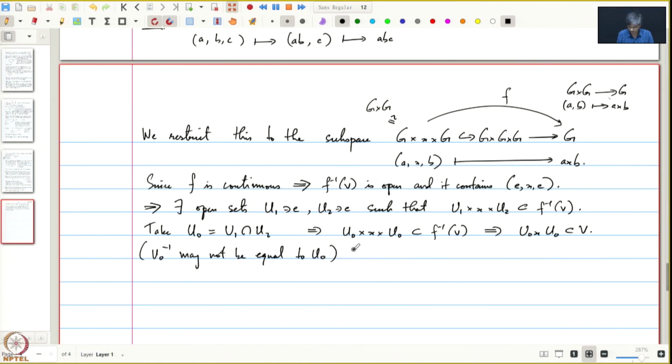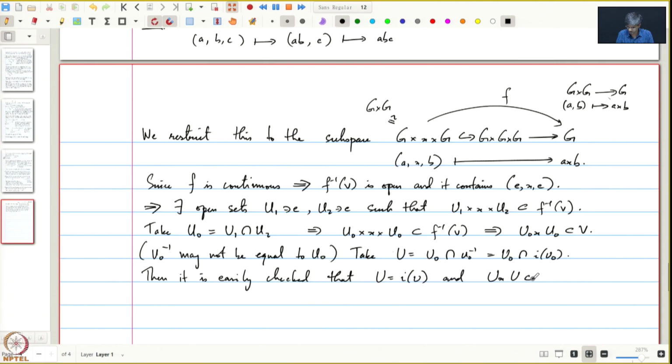So to rectify this, we take U to be equal to U0 intersected U0 inverse, which is equal to U0 intersected I of U0. Since I is a homeomorphism, I of U0 is also an open subset. So both these contain the identity, so the intersection is an open subset which contains identity, right? And it is easily checked that U is equal to I of U, and obviously U times U is going to be contained in V.